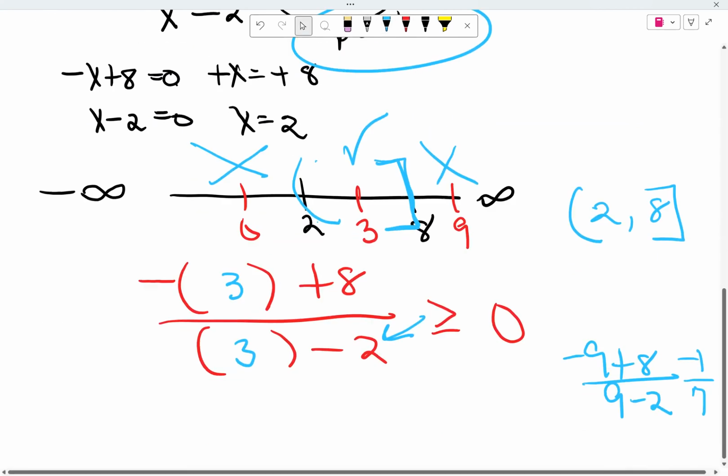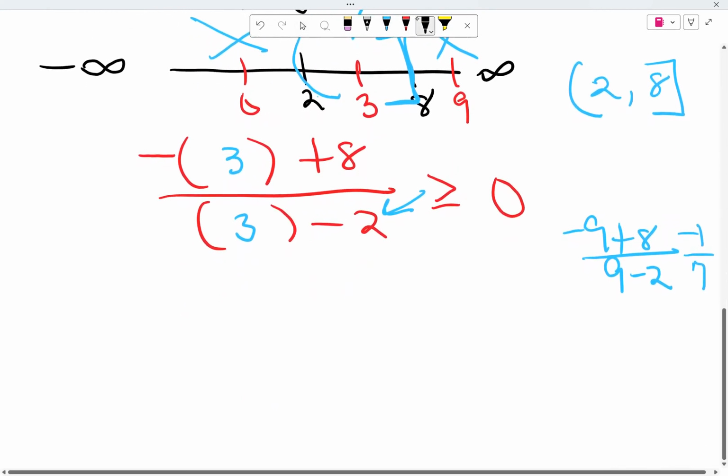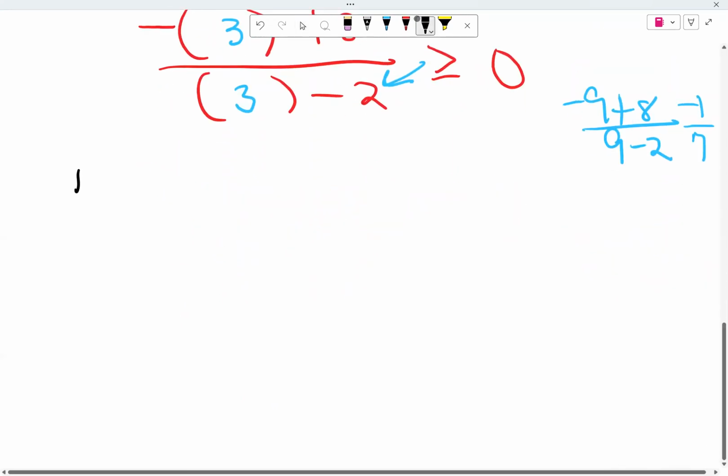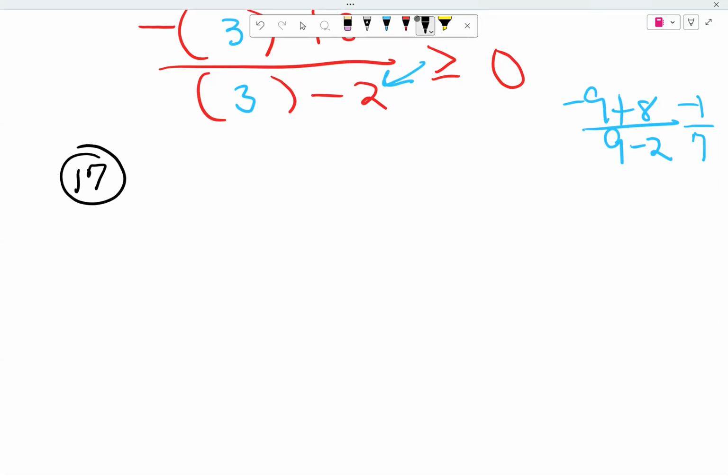Next number is 17. In 17, we have a solve the system by the addition method. So if you notice, I have 3x plus 7y is equal to negative 31.